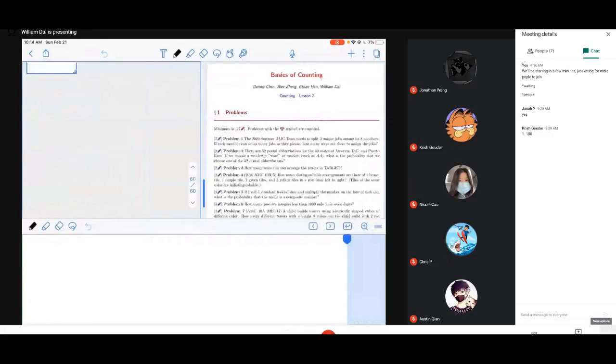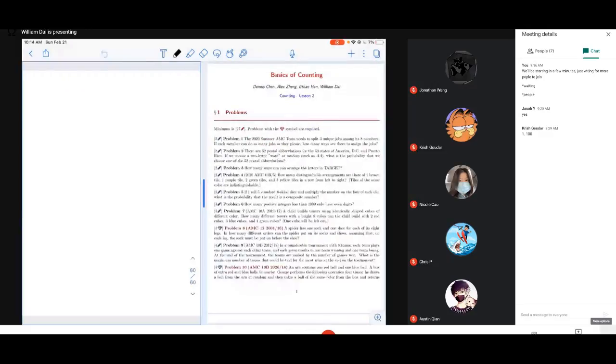Okay. So for number 1, the 2020 Summer AMC team needs to split up 3 unique jobs among its 8 members. If each member can do as many jobs as they please, how many ways are there to assign the jobs?